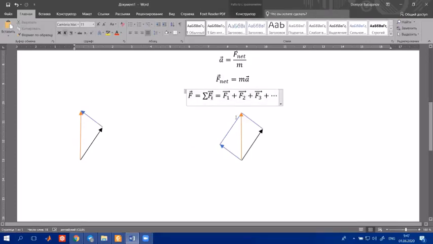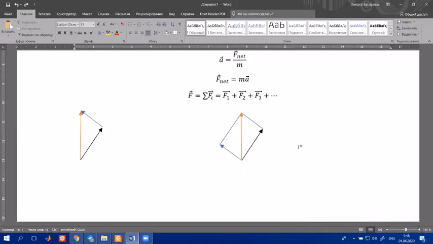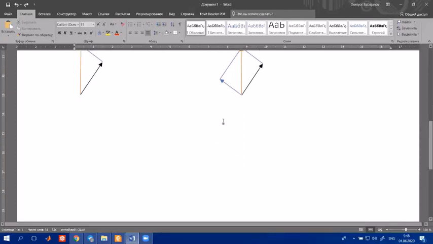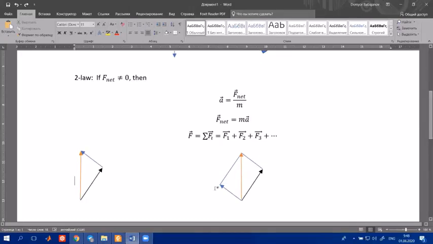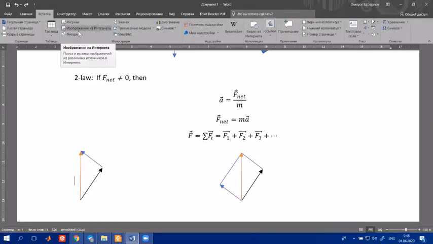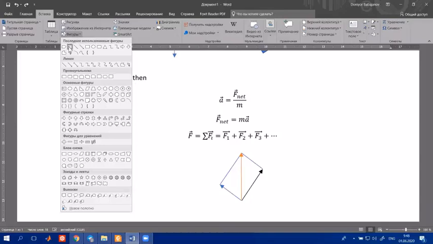If you want the exact numerical value of these vectors, then you have to use the cosine theorem. So by this way you can draw it geometrically, and you find it geometrically. So if the values are given, for example, okay, let's do the following.